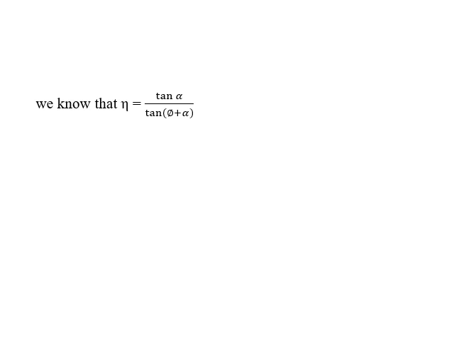One more method in which the efficiency has been explained. We know that efficiency is equal to tan α divided by tan(φ + α). The self-locking condition, as I said, is that the φ angle is greater than or equal to α.